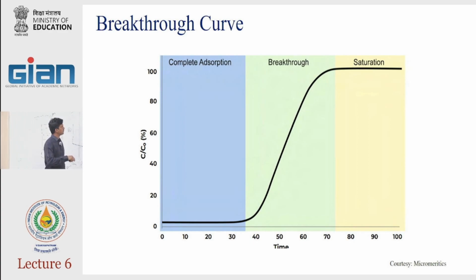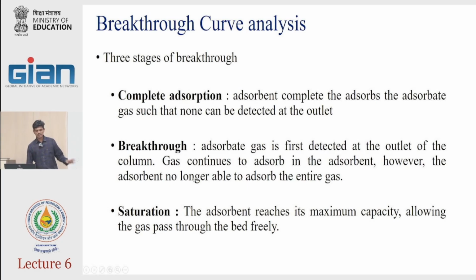In the second stage, once the gas breaks through, at the breakthrough time, after that we reach a stage called saturation, where whatever gas we send, it will come out. So these are the three stages.